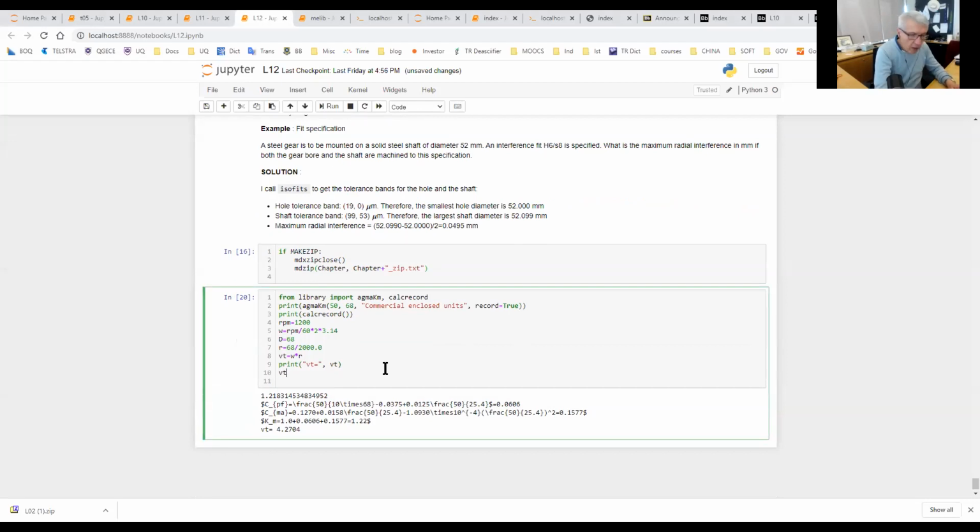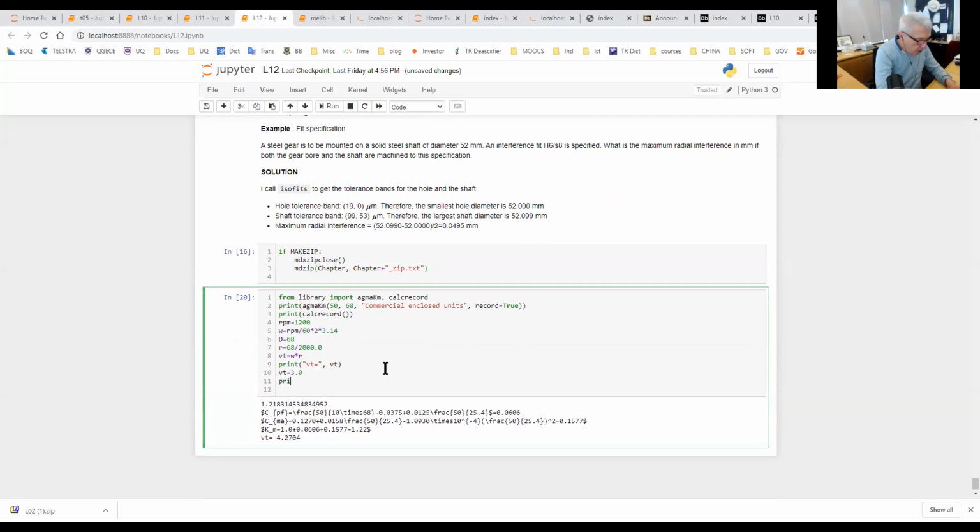VT is equal to 3. So print AGMA KV, A7, VT. I also add AGMA KV here, so it will know where to get it from.